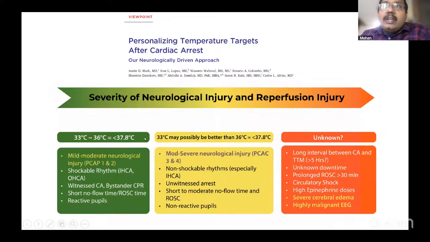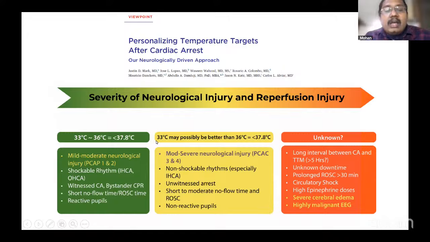So should we look at it this way: in mild injury, no matter what you do, whether you give hypothermia or normothermia, it's not going to make much difference, so let us stay in a normothermia range. Whereas in moderate to severe neurological injury, we give 33 degrees centigrade hypothermia.